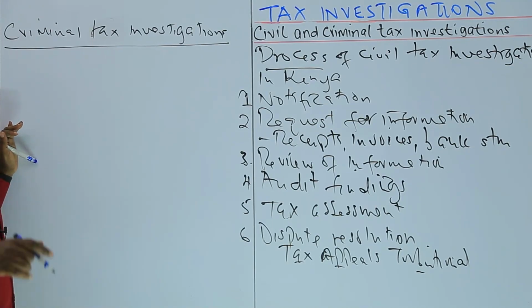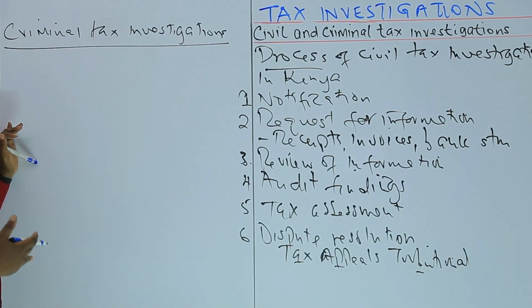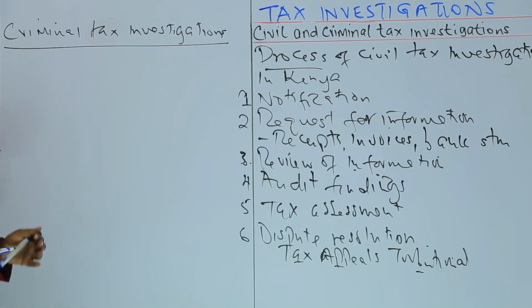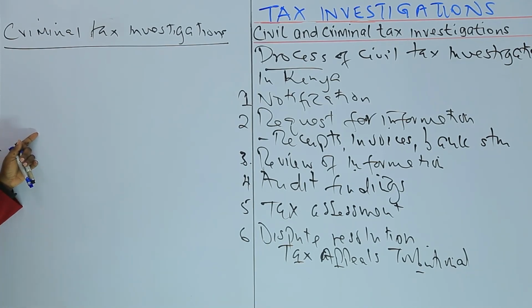Now, a criminal tax investigation is pursued when there is a suspicion of willful or fraudulent activity that is intended to evade tax laws. And such investigations are aimed at gathering evidence to potentially prosecute the taxpayer for offenses such as tax evasion, filing a false return, or failing to file a tax return.